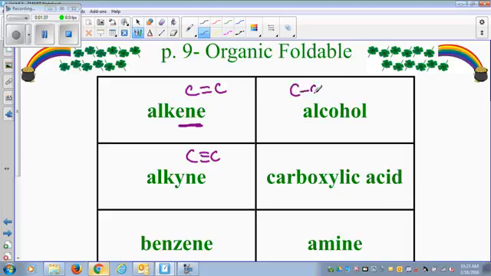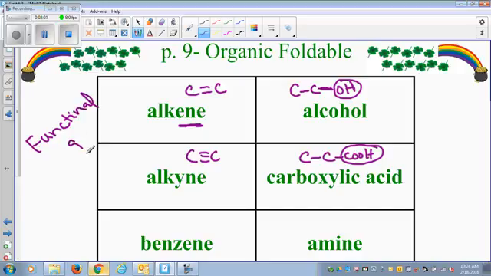But if somewhere in there you have OH attached instead of just H, it is alcohol. If with the carbon you have COOH attached, it is carboxylic acid. These are functional groups. You need to memorize these functional groups.